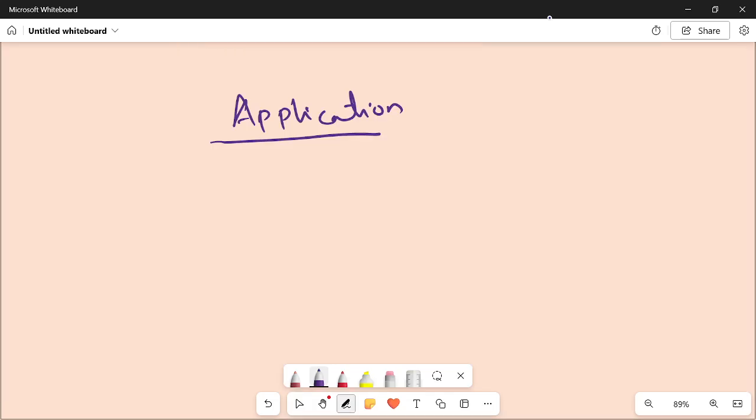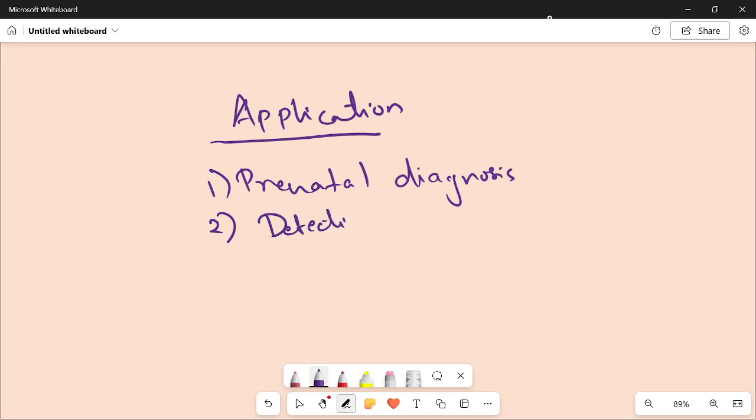Let us discuss a few applications of PCR. The first one is prenatal diagnosis. The second one is detection of pathogens, which we mainly applied during the COVID times. The next one is genotyping.